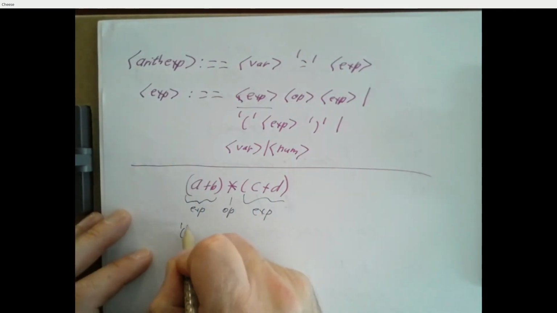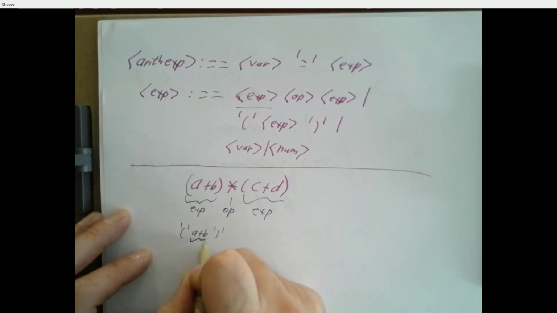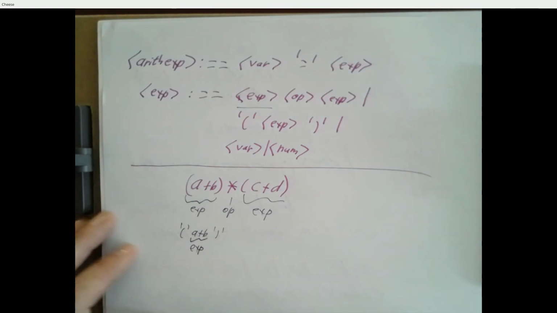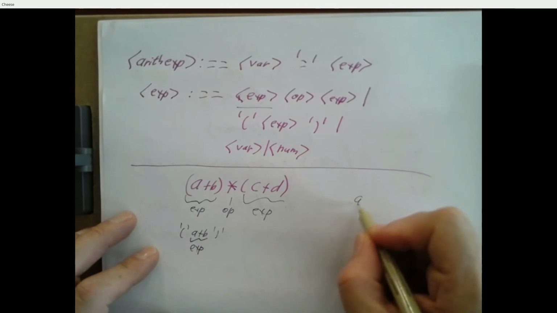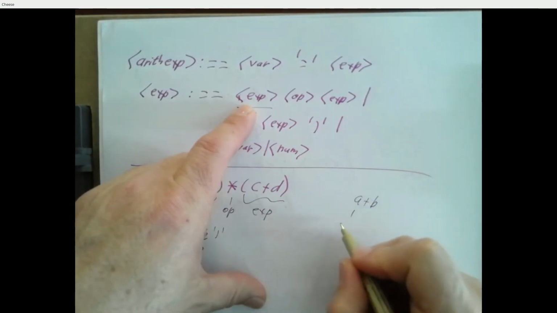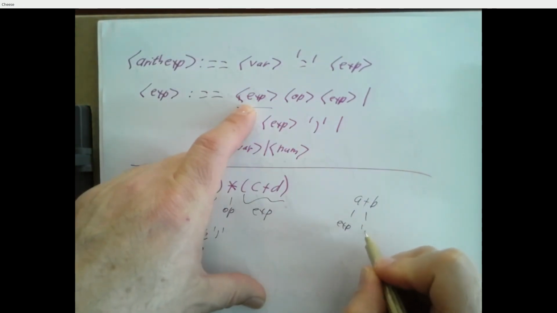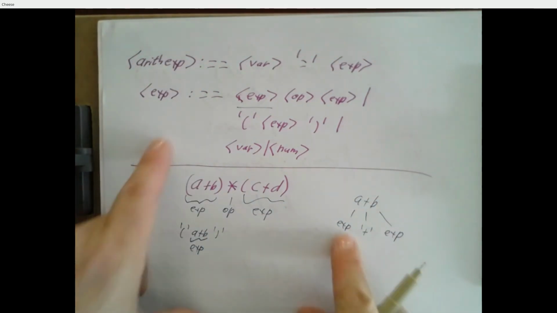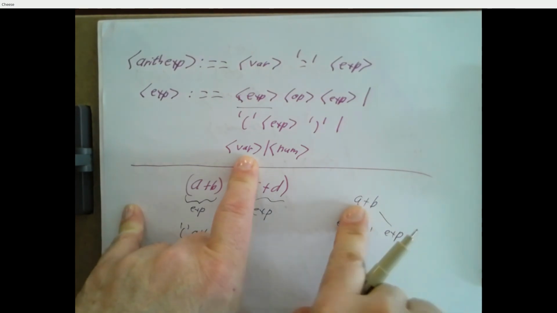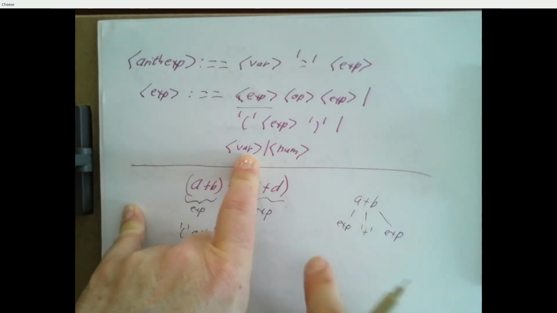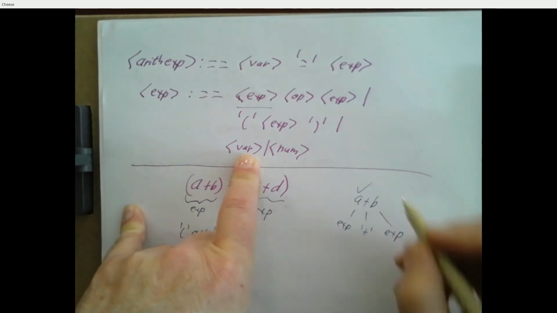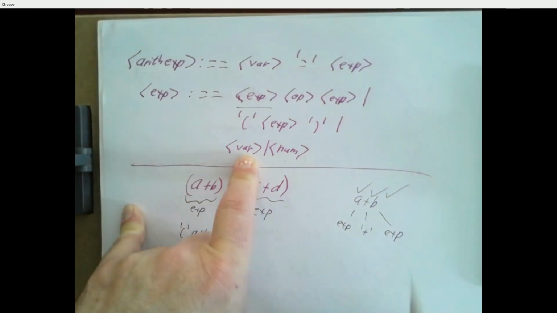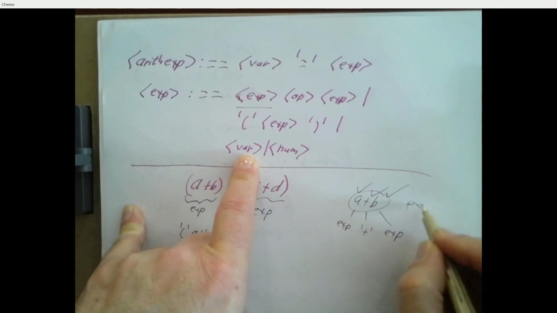It's a parentheses followed by a plus b followed by a paren, if a plus b is an expression. And a plus b is an expression if A is an expression, and this is an operator, which is plus, and this is an expression. And an expression can be just a variable, which if we follow down what a variable is, that will be an A. So yes, A is an expression, B is an expression, plus is an operator, so this whole thing is an expression.